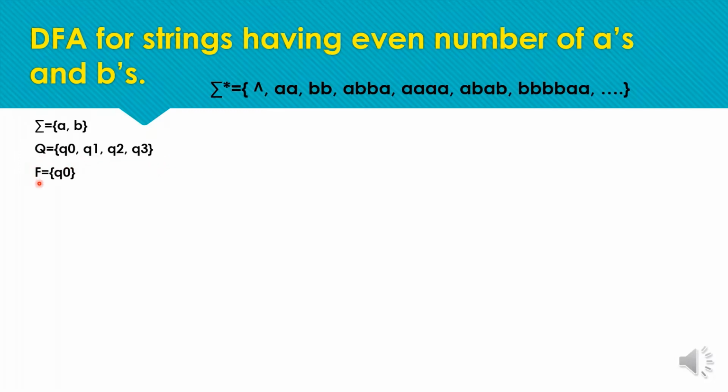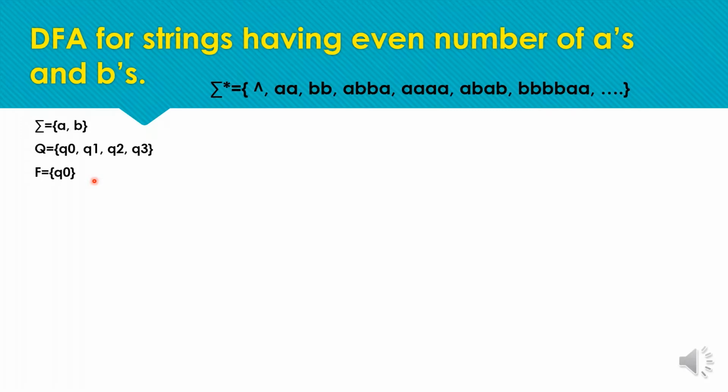Now we have defined Q0 as a final state because in all the questions where null is accepted by the machine, we have to mark the initial state as a final state, because in those types of questions only the initial state is the state where we are getting nothing and nothing should be accepted, so we have to mark the initial state as a final state. So the initial state will be marked with a double circle in such types of questions.